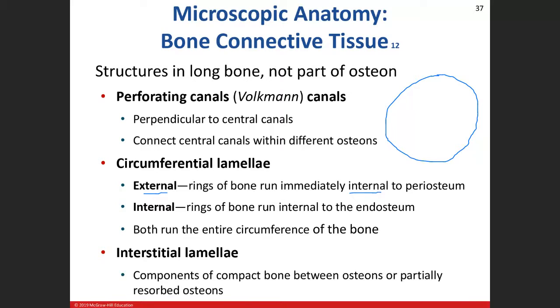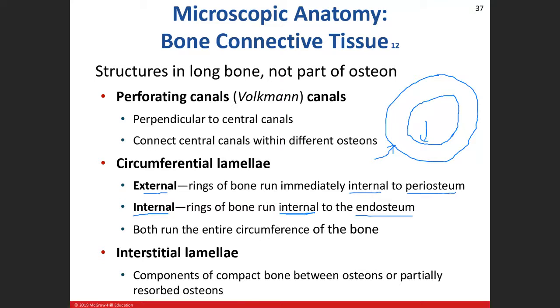And then we have the internal circumferential lamellae, and that's going to be on the inside, because remember, our long bones are hollow. That's going to be just inside, or internal to, our endosteum. Remember, the endosteum is on the inside here, periosteum is on the outside here.